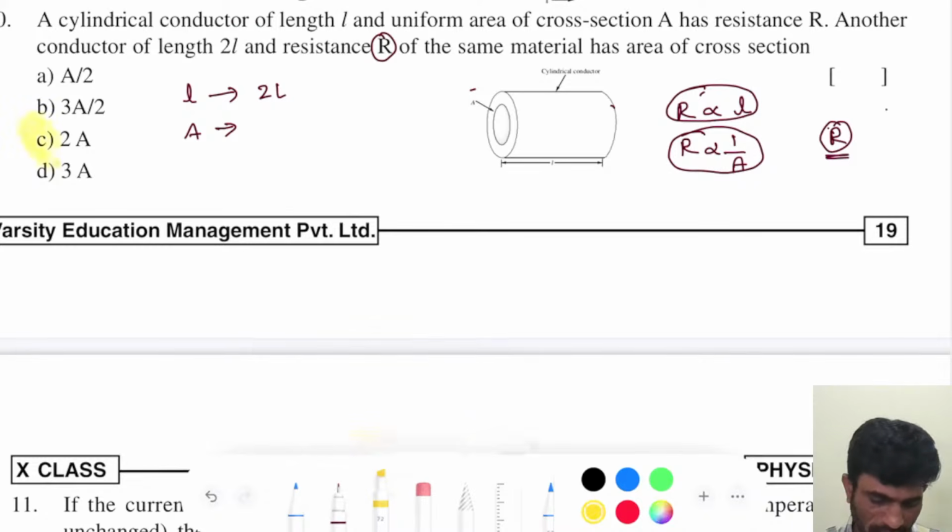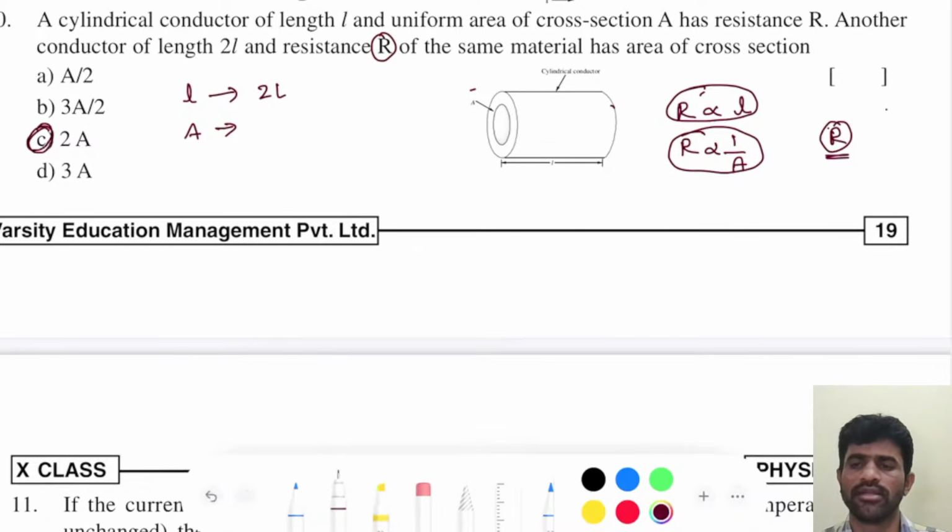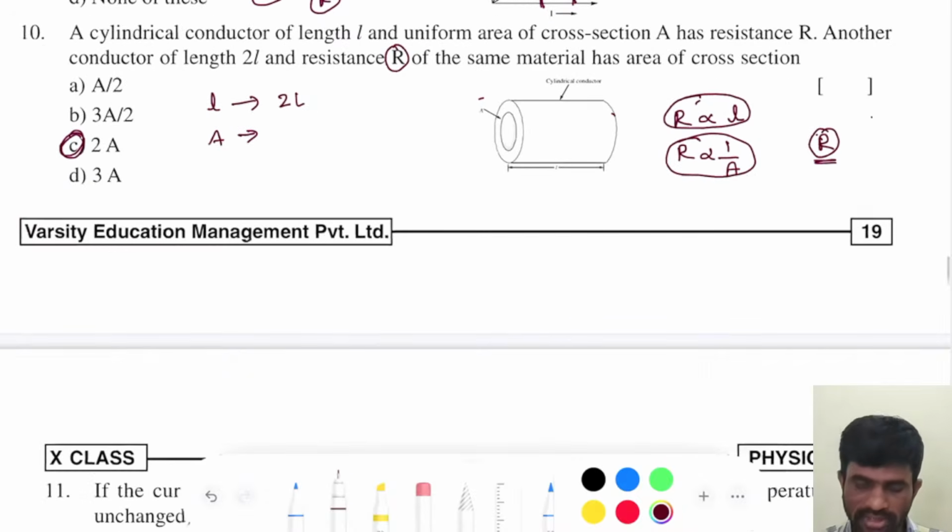Option C is correct here because you want resistance to be maintained the same. Question number 10 done. Now question number 11.